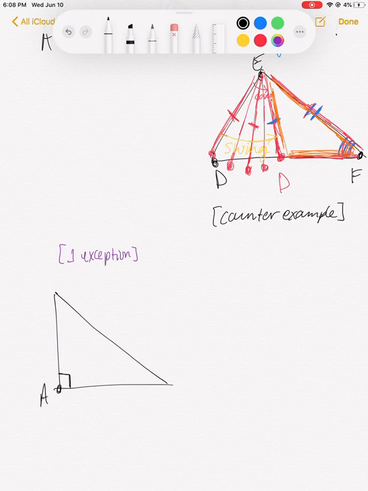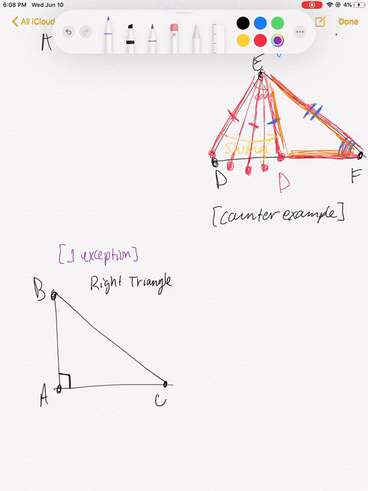Angle A is the right angle. I'll put it with a box. Right triangles in math are special, so they have different parts, and their different parts are named.